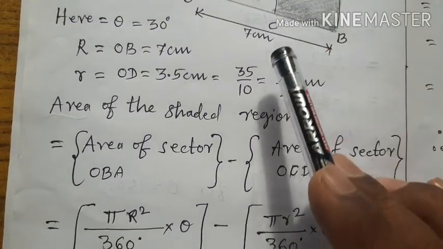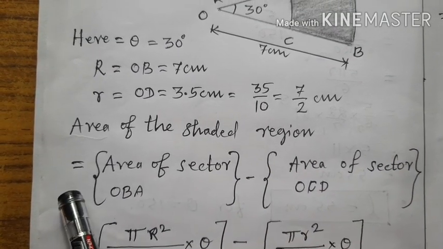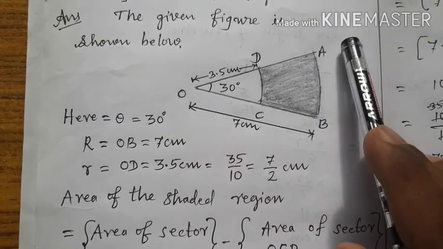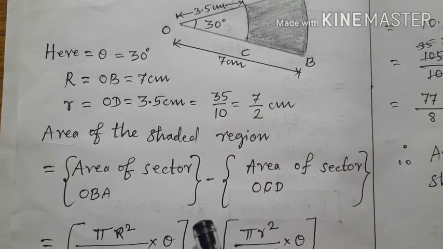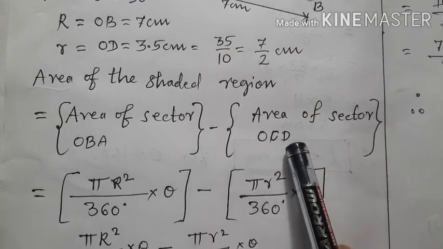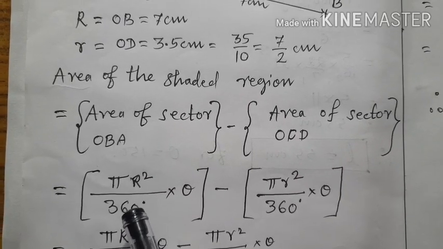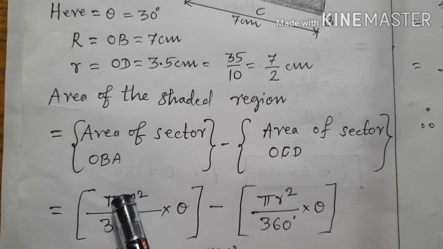So children, here area of the shaded region is equal to area of sector OBA minus area of sector OCD, right? So what is the formula? We know that area of the sector is found by, for 360 degree, pi r square is the area.